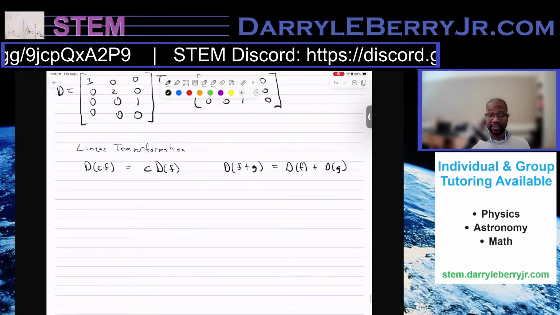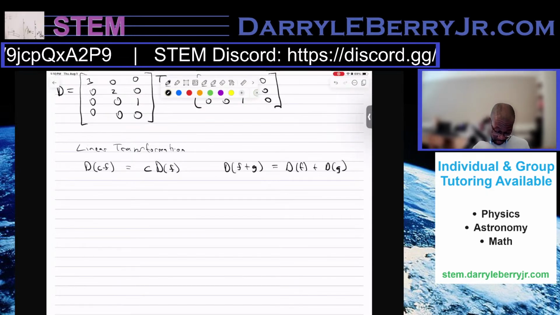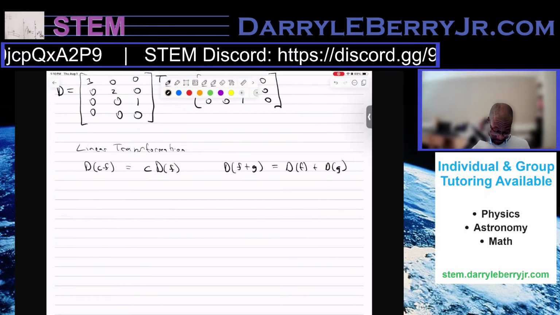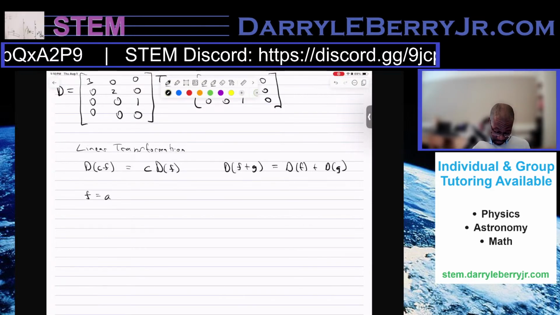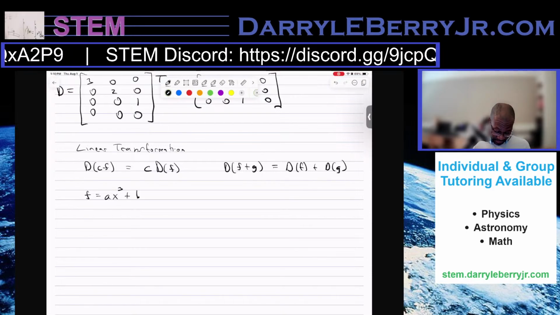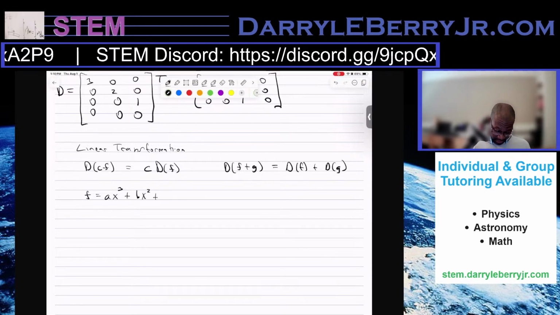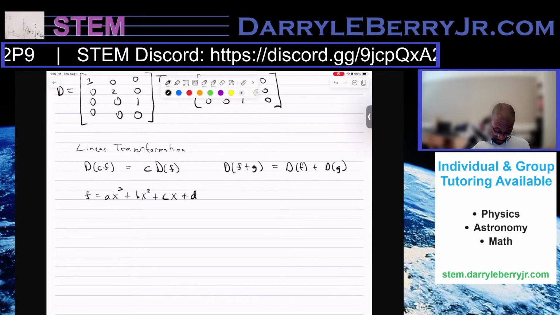So what we can do is make a few generic vectors, which in this case would be functions. So we can say F equals a x cubed plus b x squared plus c x plus d.